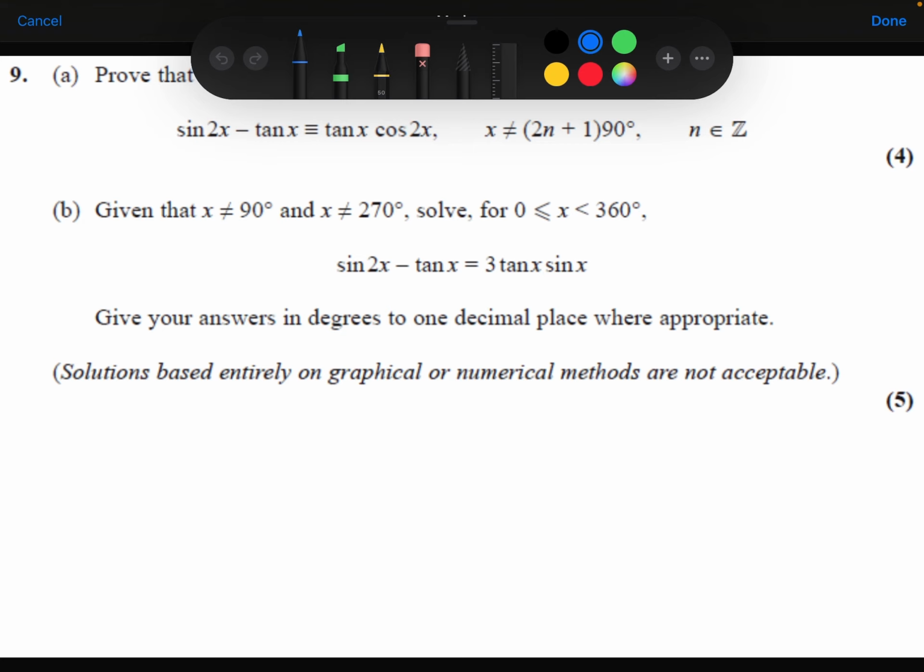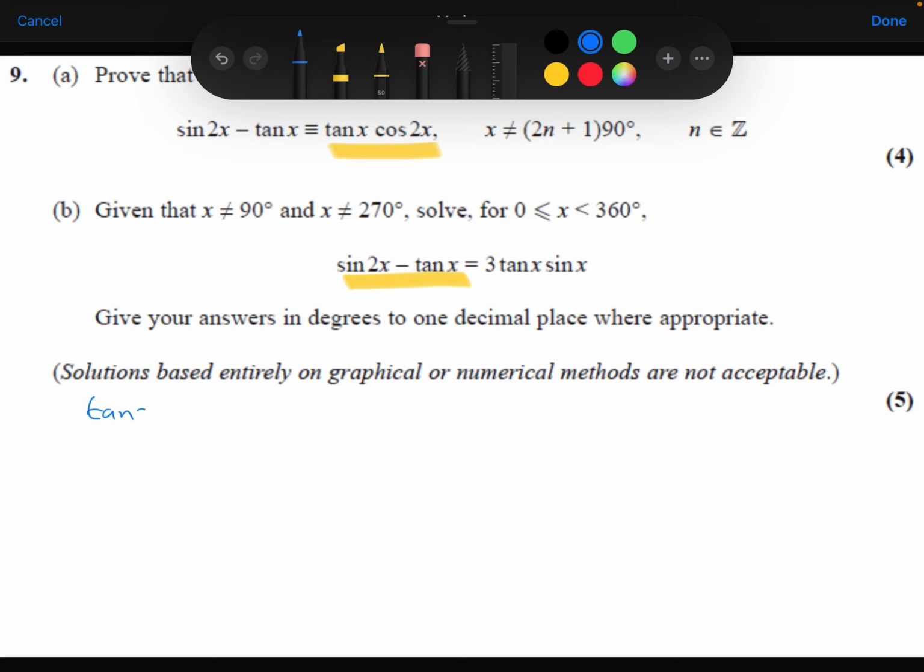Part B. Given that x can't equal 90 and x can't equal 270, solve between 0 and 360 this equation. So clearly this has got to have something to do with part A. So the first thing I'm doing is I'm comparing this to what I've just shown up here. Then I notice that this is the same thing as this. So therefore I could replace it with this. So that's how I'm going to start this off.